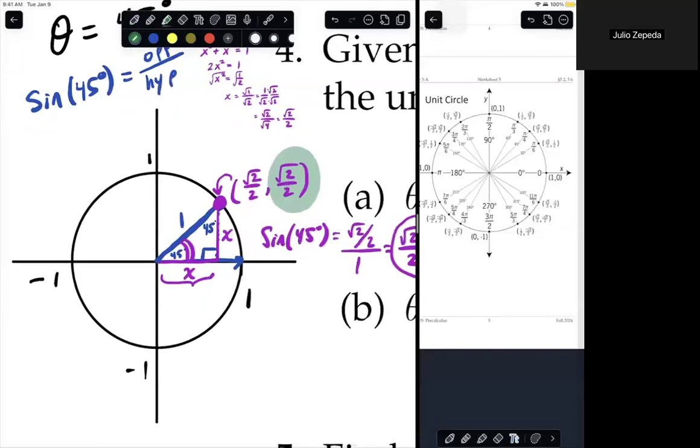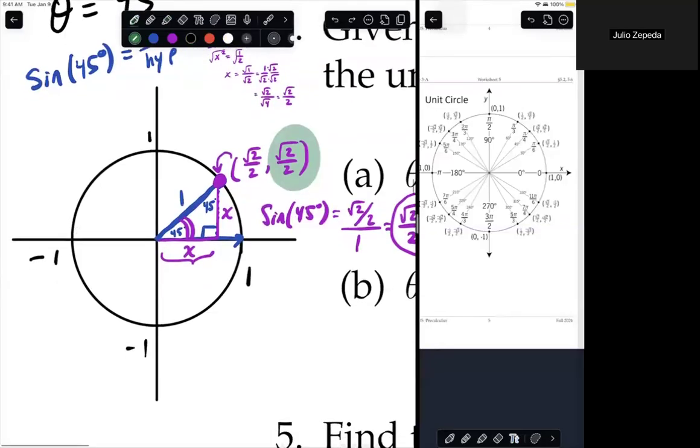Now we can actually generalize this and say, well, in general, let's draw another angle. How about we use green over here? And let's call this angle a nice angle here.